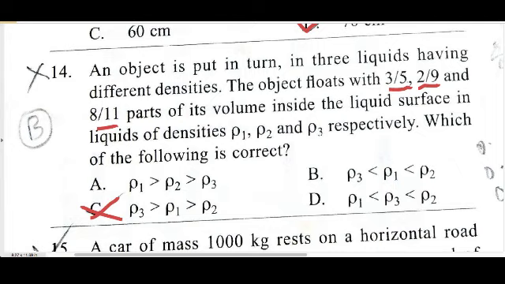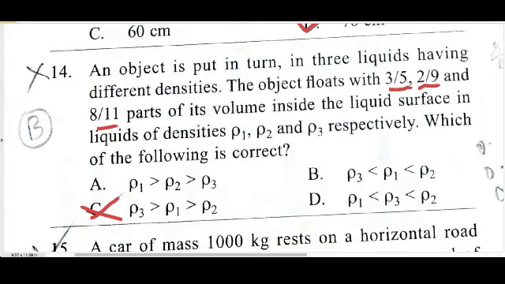So we know that if the relative density of the floating object is less, then only it will float. Now here we can find out that if the object floats with more part of its volume inside, this means that the density of the liquid is less.